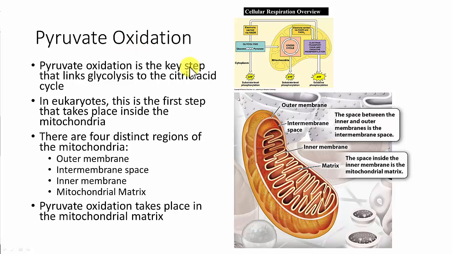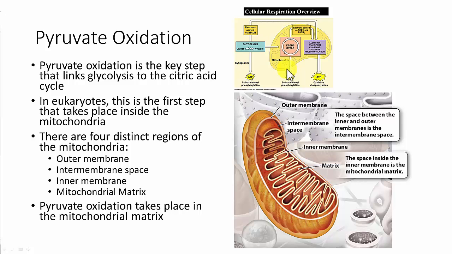Now, from the perspective of the cell location, glycolysis took place in the cytoplasm, and now we're going to see the remaining stages move into the mitochondria. So inside the mitochondria, we're going to see the breakdown of pyruvate.